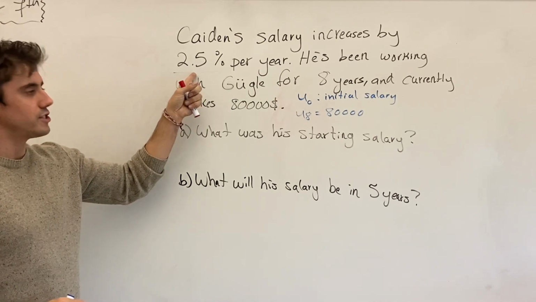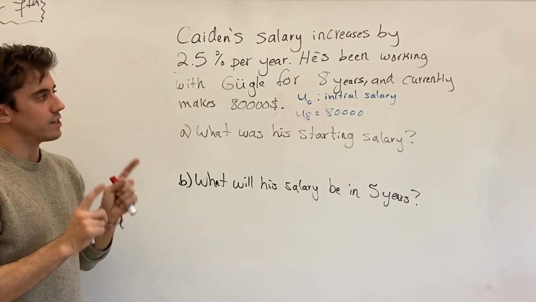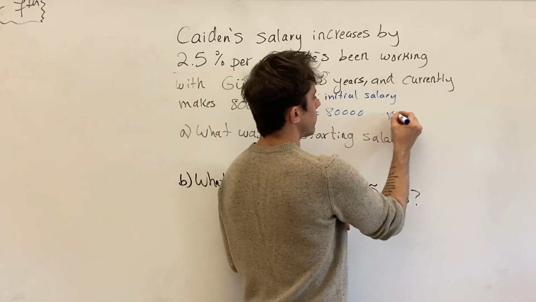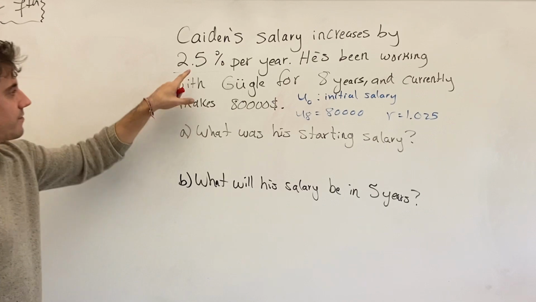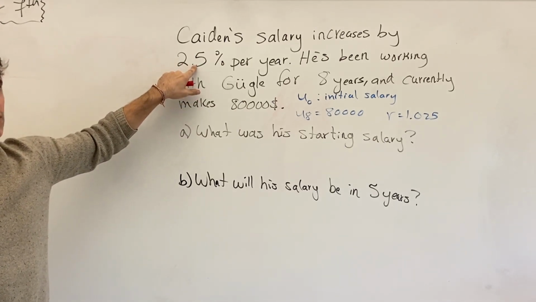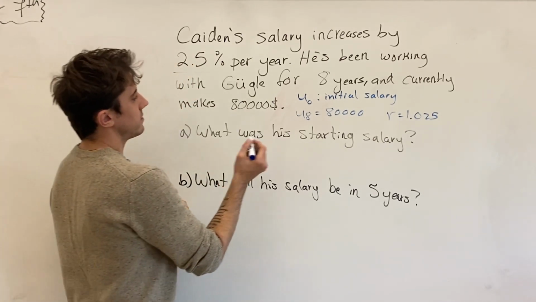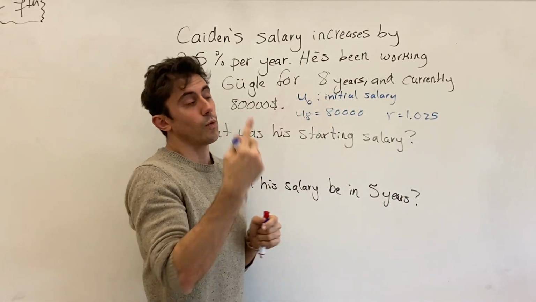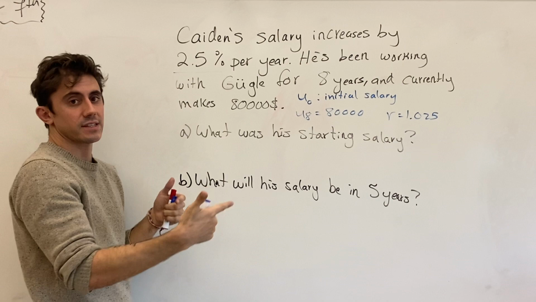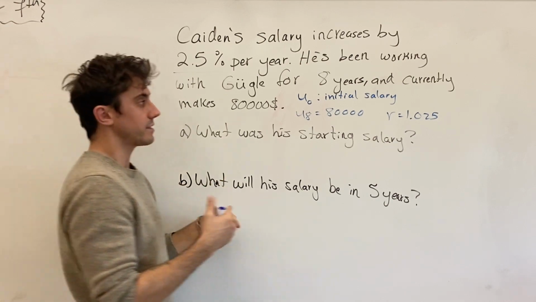The common ratio is going to be 1.025, because if his salary is increasing by 2.5%, then his salary is 102.5% of the previous year's salary, right?